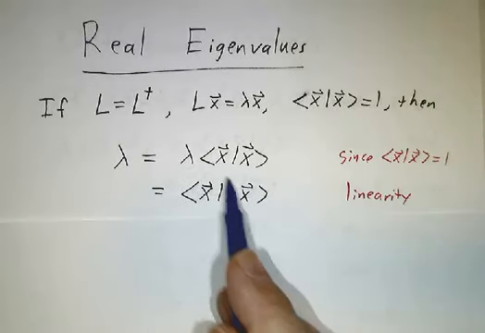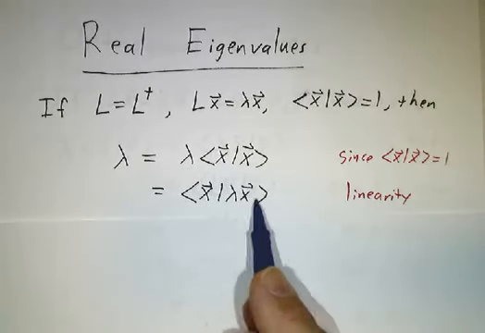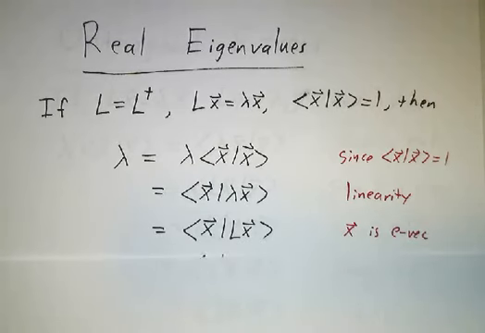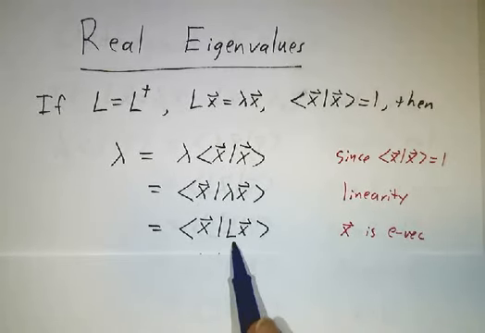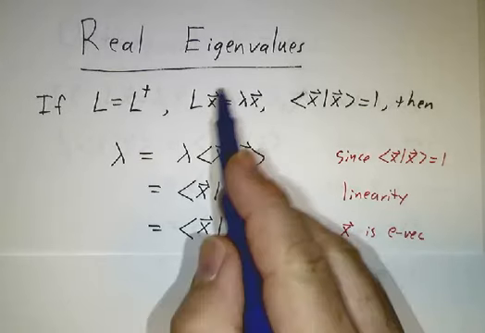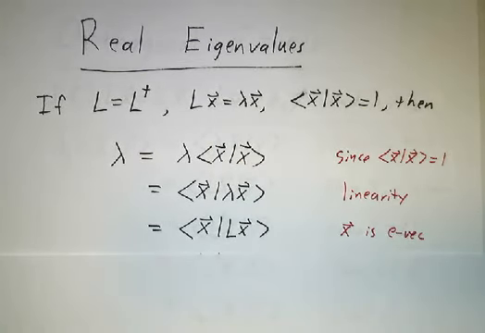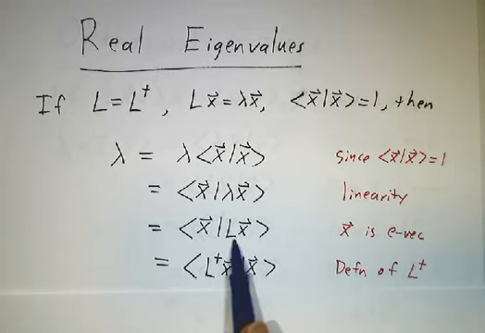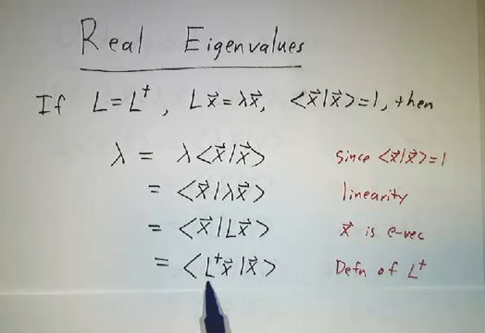And we can put the lambda inside the ket, because the inner product is linear. And then we replace lambda x with Lx because, after all, Lx is lambda x. And then instead of applying L to the right, we apply L dagger to the left, because that's the definition of an adjoint. It's the thing that applied on the left gives you the same answer as L applied on the right.